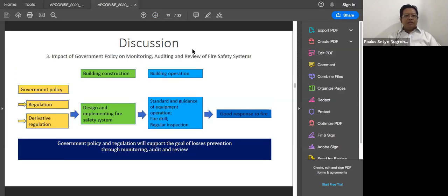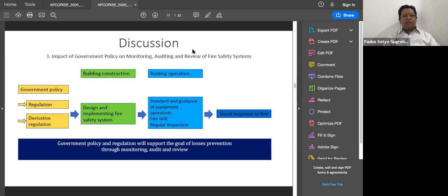High-rise buildings designed and constructed in accordance with a fire safety system will give a good response. Building utilities need to be well maintained.